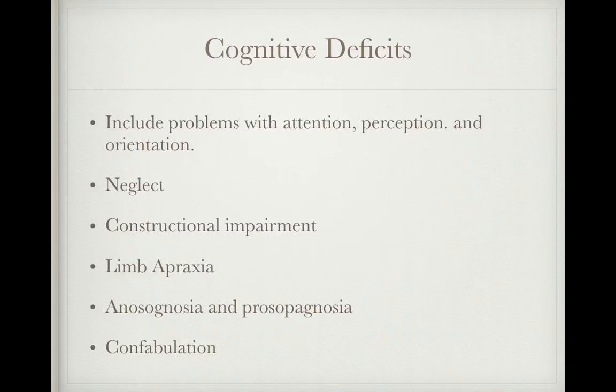Next is limb apraxia. Limb apraxia is when an individual has a working limb, for example an arm, and there's nothing mechanically or neurologically wrong with the mechanisms needed. However, the person cannot get the message from the brain to the arm.